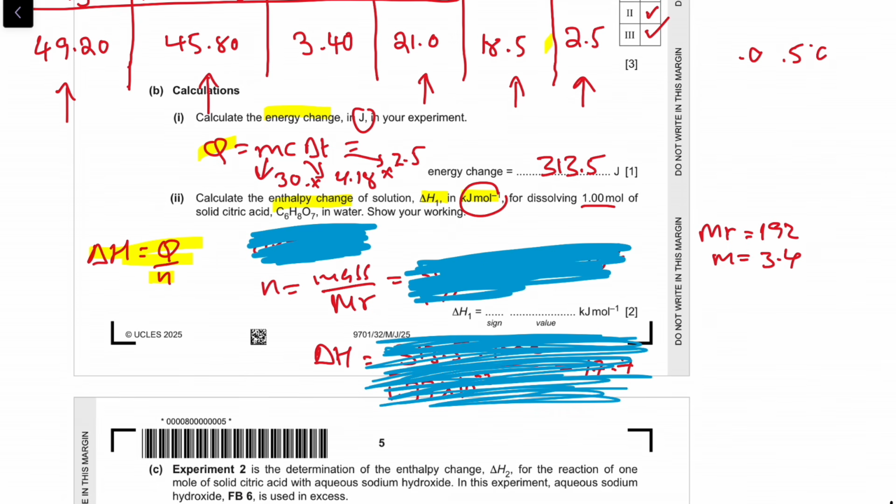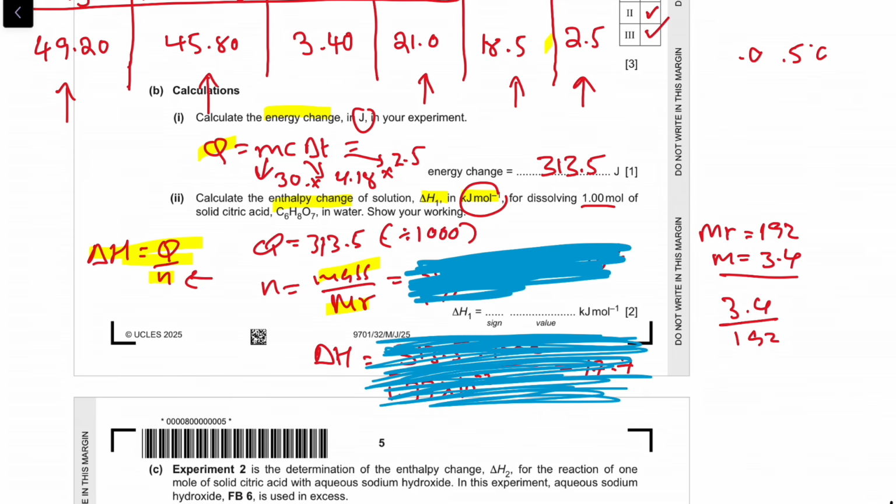So what we're going to do is, we know that our joules is 313.5. Our moles is our mass divided by our Mr. So to calculate the denominator, the moles, we do our mass, which is our 3.4, divided by 192 to get whatever, and then our 313.5 divided by 1,000 to turn it into kilojoules, okay?